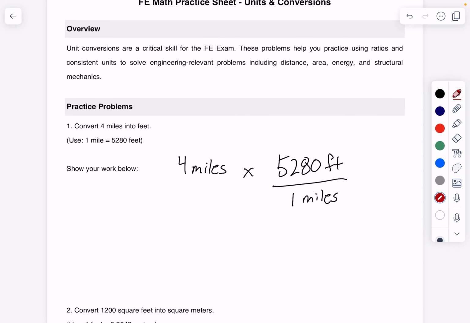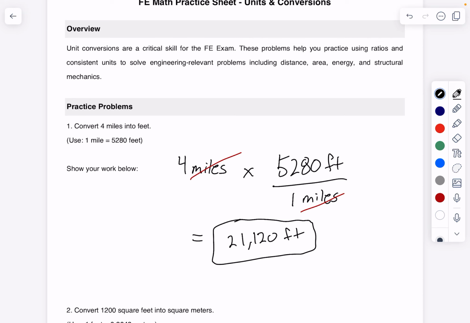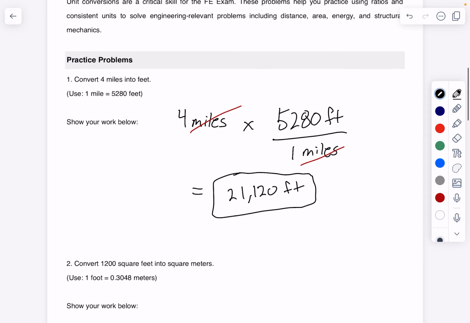And here you can see that the miles cancel out, and when we multiply this out, we are left with 4 times 5,280, which is 21,120 feet. And so that is how many feet are in 4 miles.